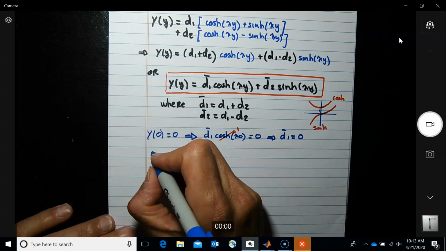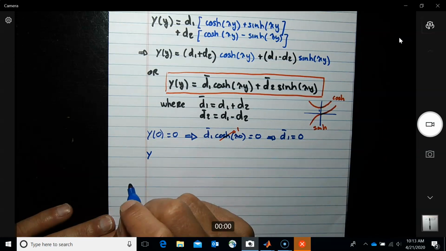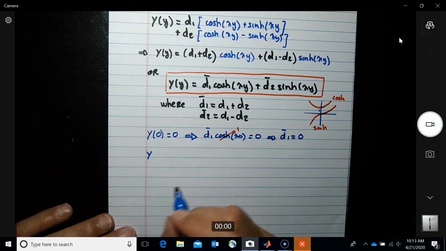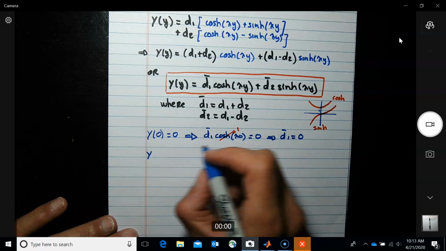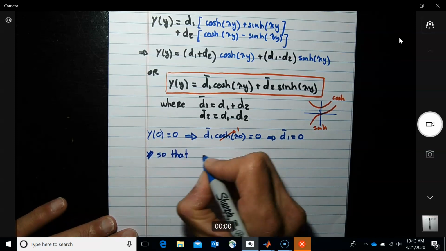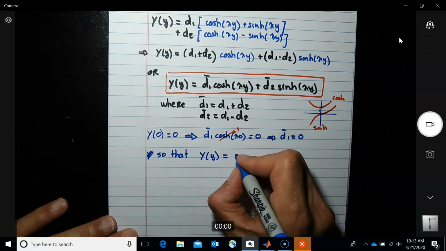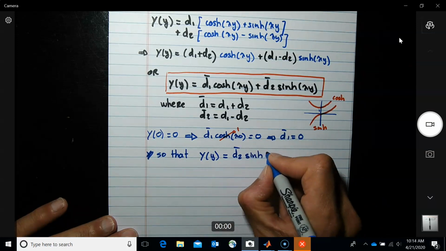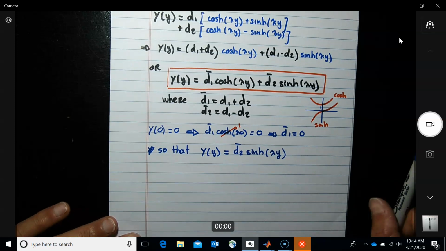Okay, so that means that the second boundary condition, which is y of h, let's wait for the second one. So this means that we have y of y will just be equal to d2 sinh of lambda y. Okay?